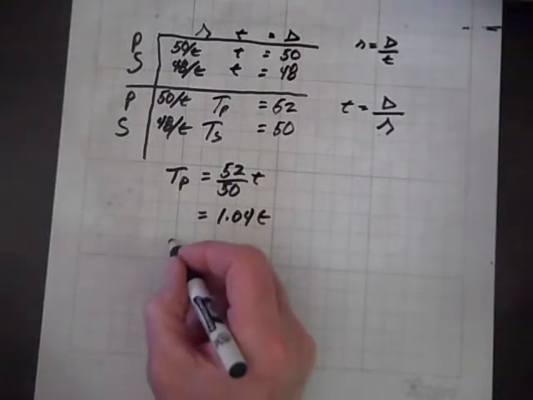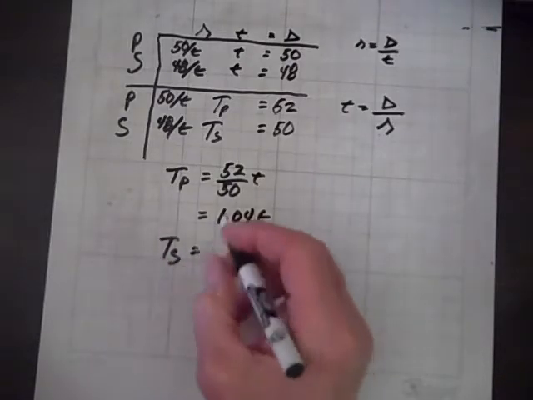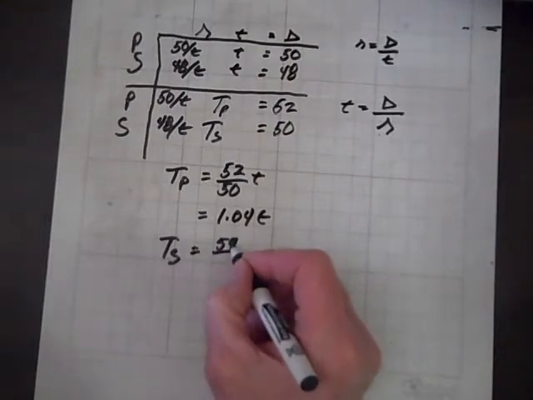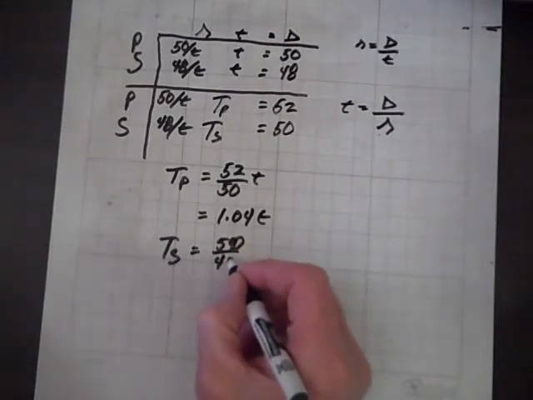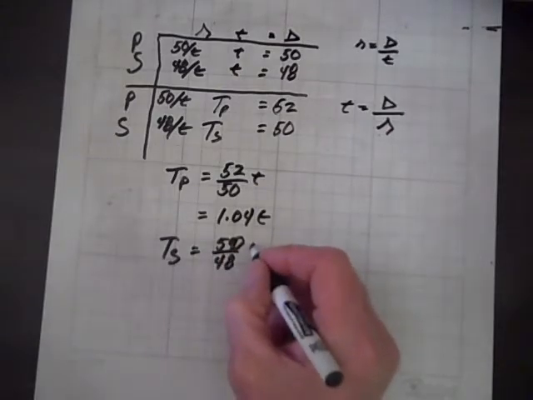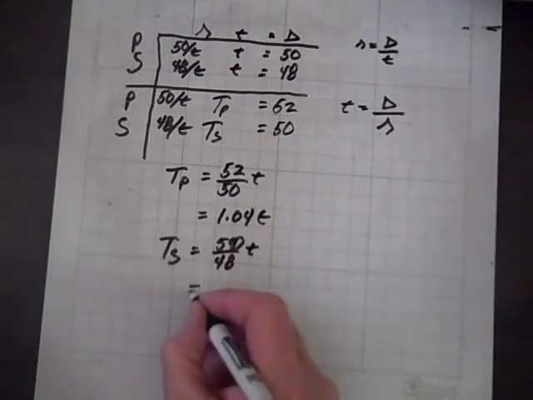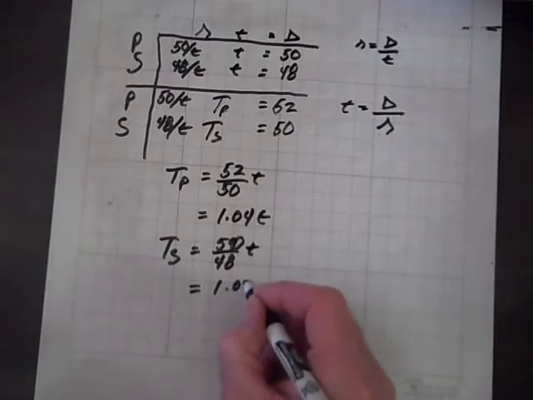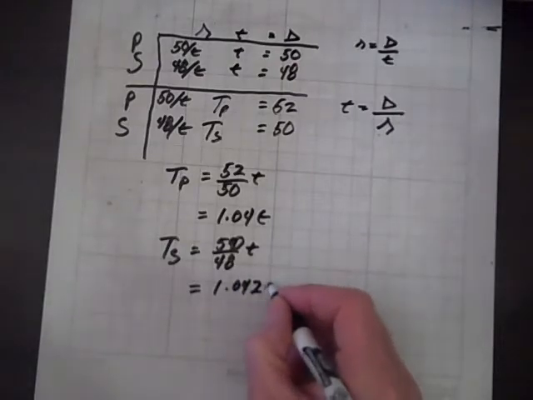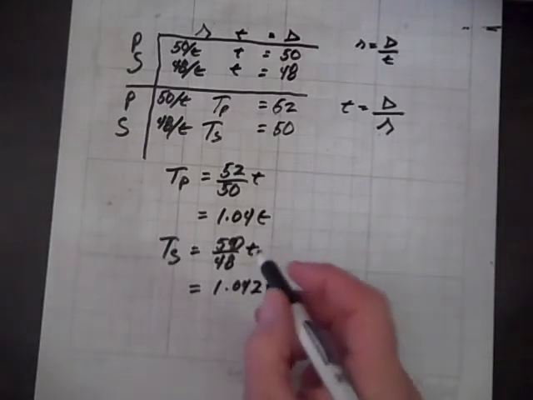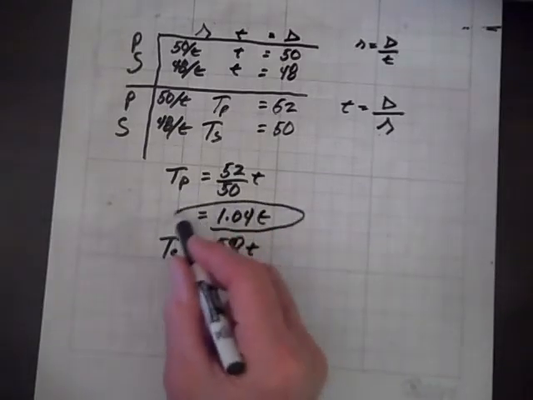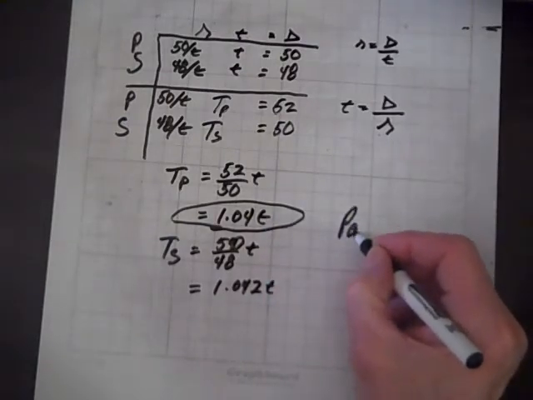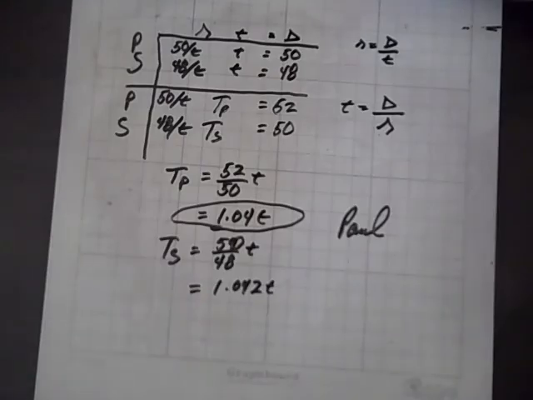Now the time for Saul is 50 over 48 over t. We'll invert and multiply, and that t will go upstairs. If you run that through a calculator, what you get is 1.042 t, rounding up. And so the shorter time is associated with Paul, so Paul won the second race, and we'll stop here.